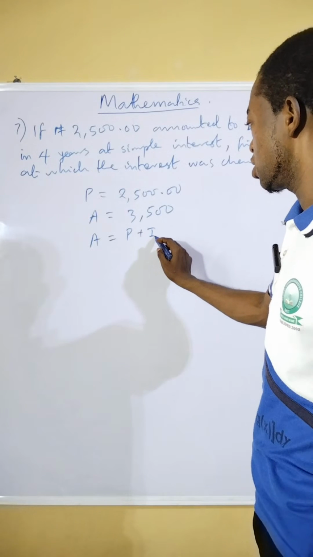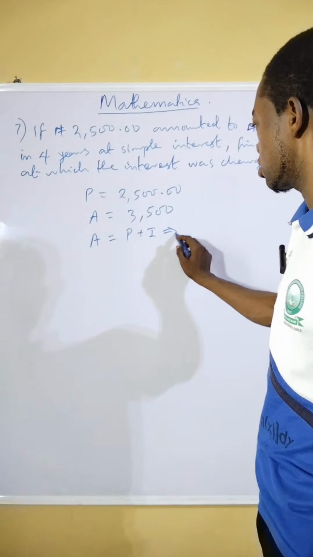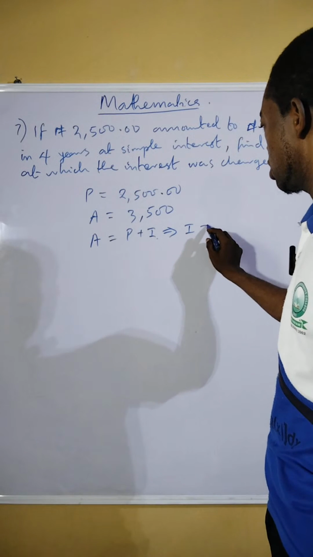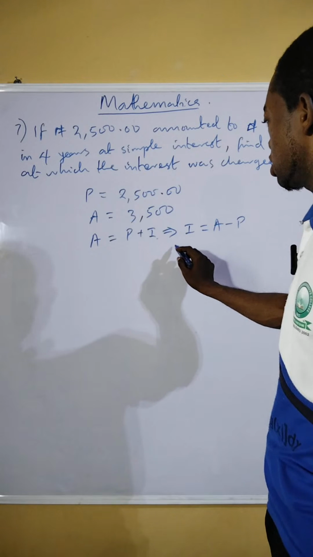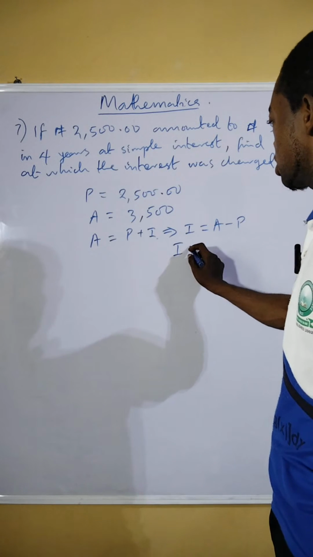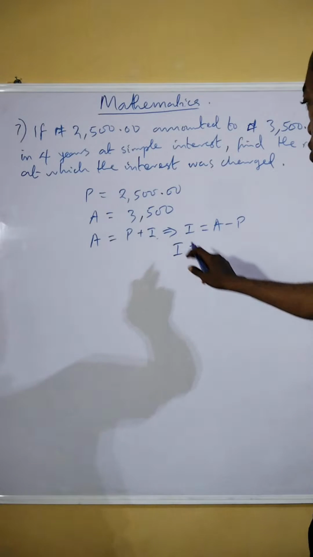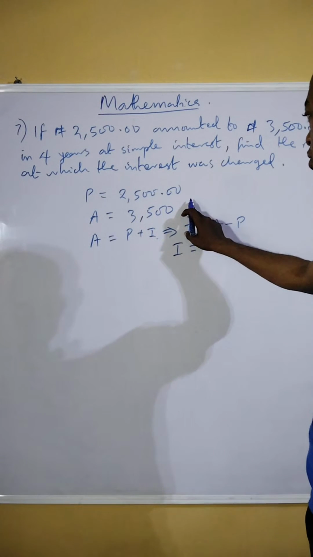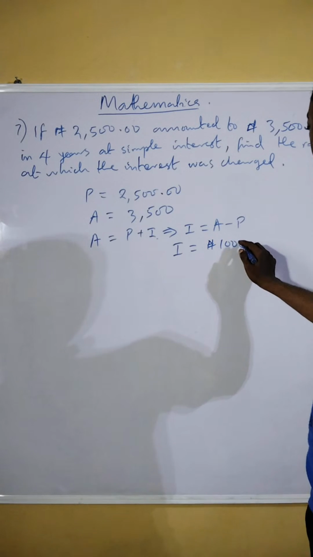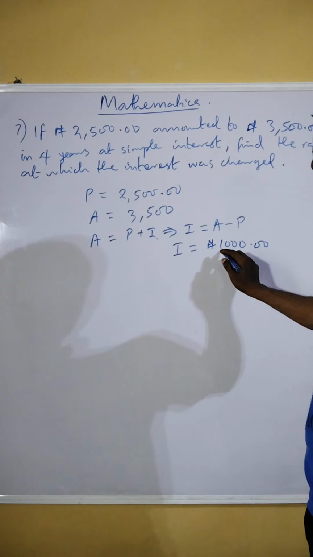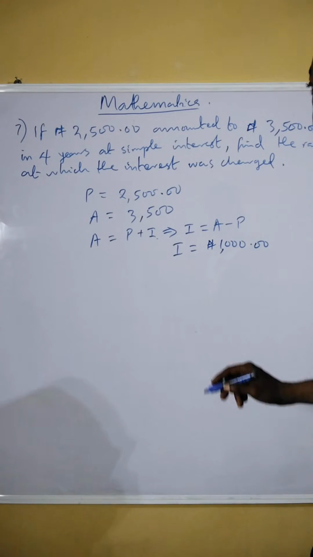So we can make I the subject. So I will now be equal to amount minus P. When we subtract this, we have 1,000 naira. So our interest here is 1,000 naira.